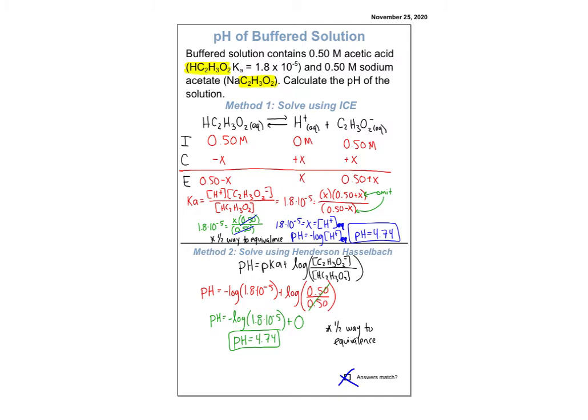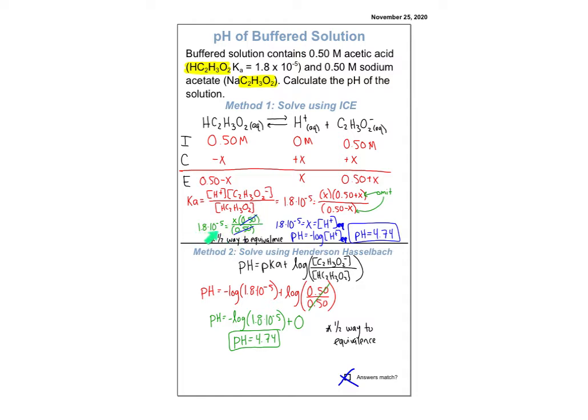And so what I see is that I really just get X times 0.5 divided by 0.5. Because these values are equal, we are at the halfway to the equivalence point, right? When my weak acid and the conjugate are equal. And so at the halfway to the equivalence, the pH is equal to the pKa, or we can just solve for X. So we have X right here. Essentially, my 0.5s cancel out.